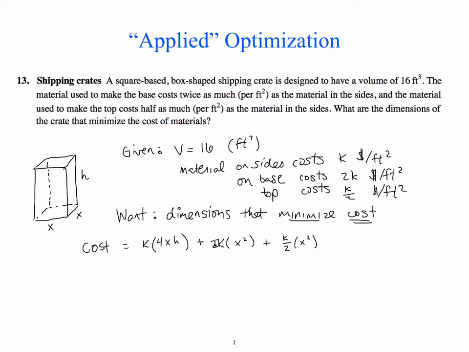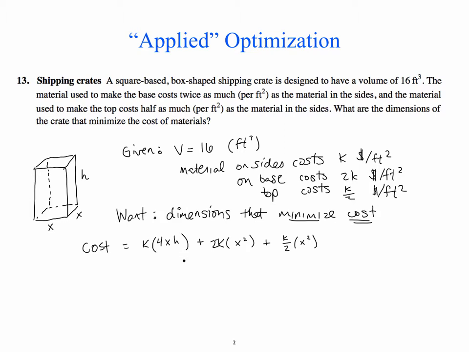So, okay. If I wanted to take the derivative of this, is that looking good? So right now, this cost function is a function of x and h. That's no good, right?